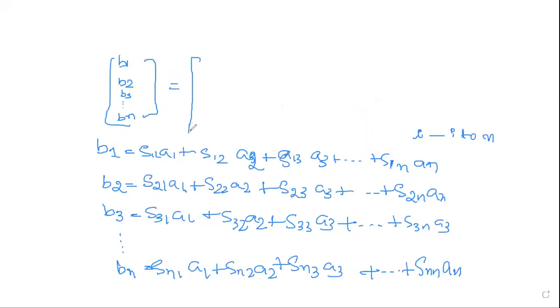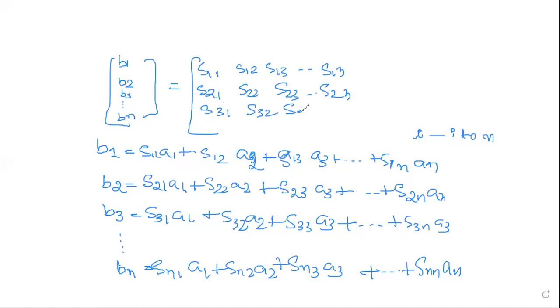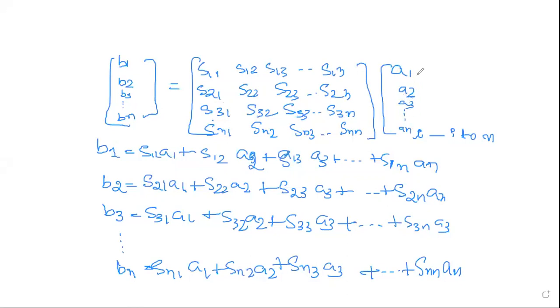Then you have the scattering coefficients S11, S12, S13 until S1N, S21, S22, S23 until S2N, S31, S32, S33 until S3N, and the last row SN1, SN2, SN3 until SNN, which is multiplied with the incident waves A1, A2, A3 until AN.